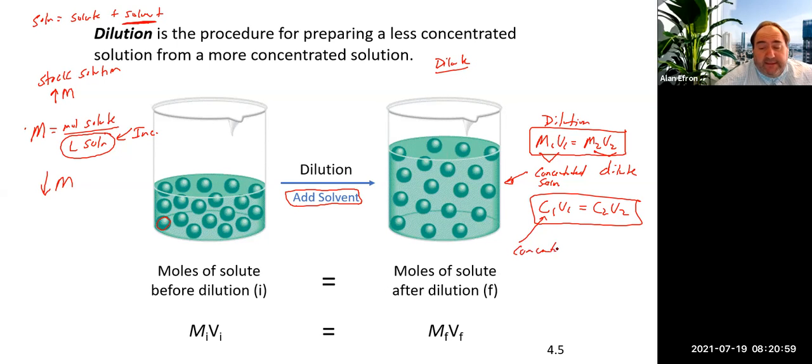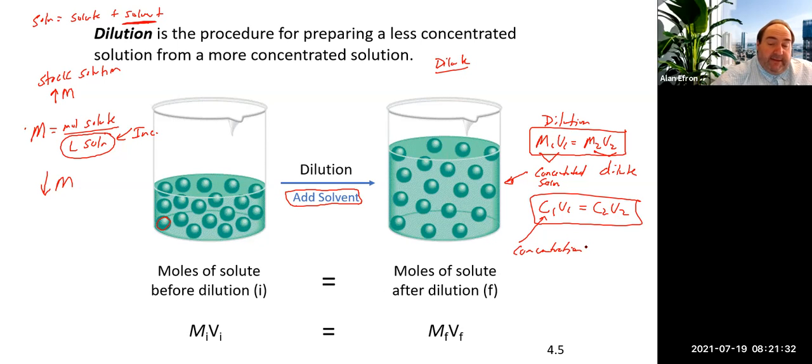Although we use molarity most of the time, there are other units of concentration, some of which we'll talk about here and some a little later in another chapter, like percent mass to mass, percent mass to volume, or molality. So generically speaking, the C's represent concentration, and V still represents volume.